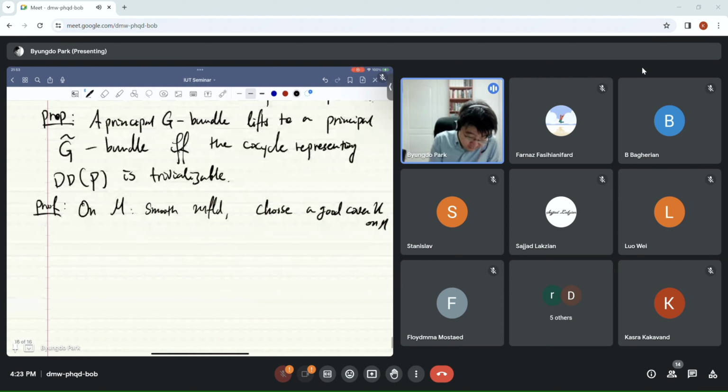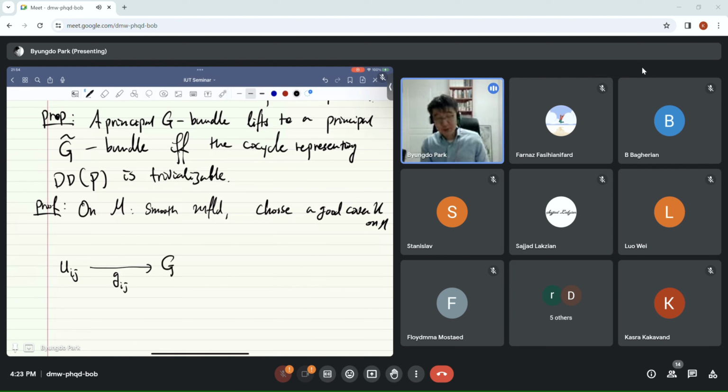Then, if we have a principal G bundle, what does that mean? So then on each double intersection, U_i intersection U_j, in my notation U_ij, there are transition maps g_ij valued in the group G. So principal G bundle, or principal PU(H) bundle in the previous example.